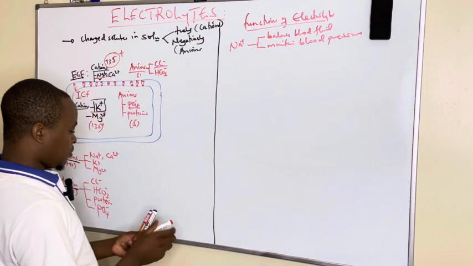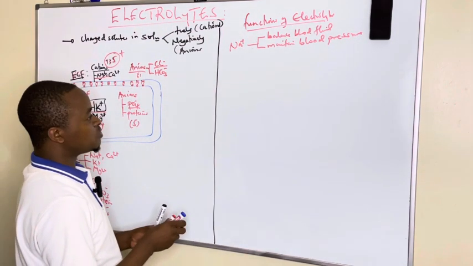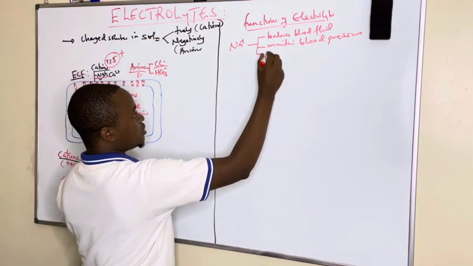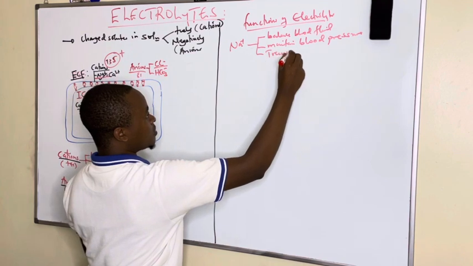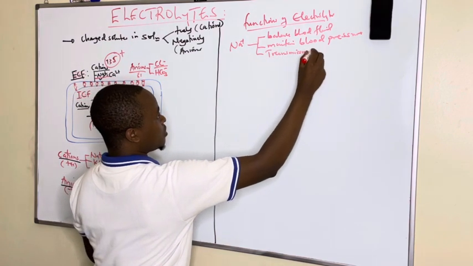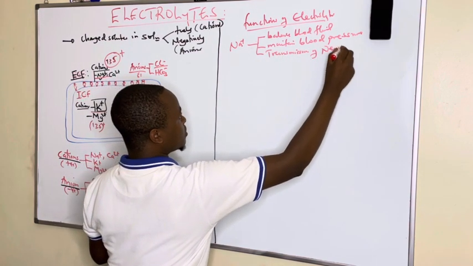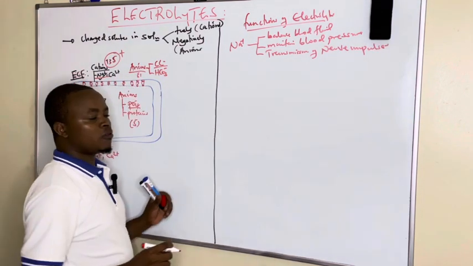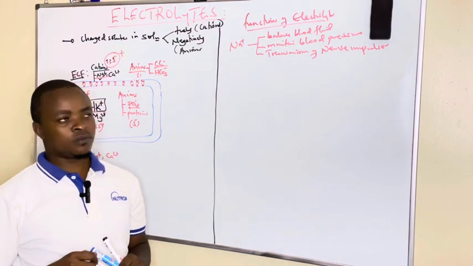Sodium also plays an important role in the transmission of nerve impulses, by creating what we call an action potential.